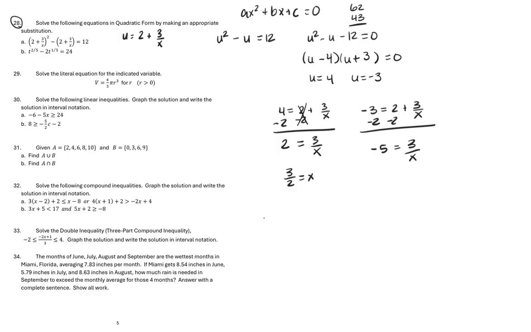And on this other side, I'm going to do the same thing because that's on top. So I'm going to get x equals negative 3 over 5. That negative is technically with that negative 5. I just put the negative on top to make it look a little more formal. So now we have two solutions for x. We have x equals 3 over 2, and x equals negative 3 over 5.